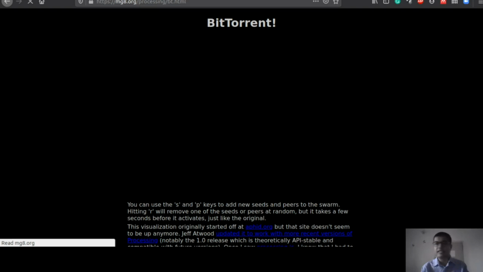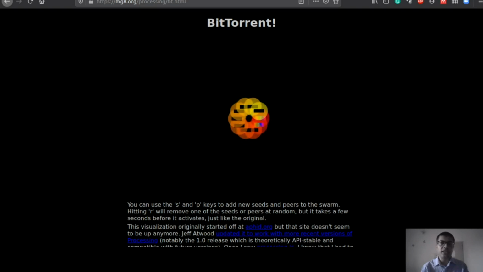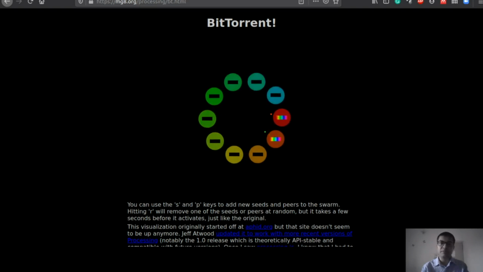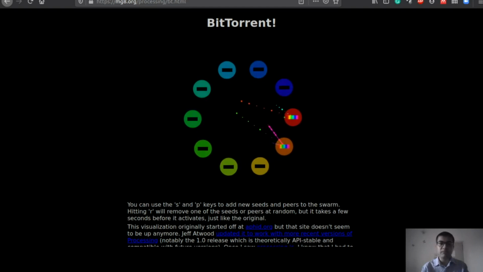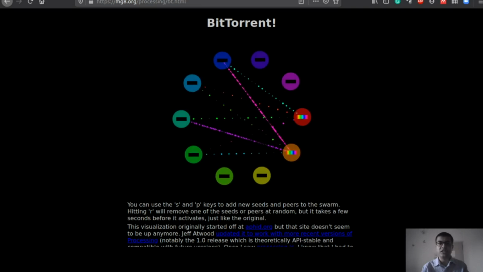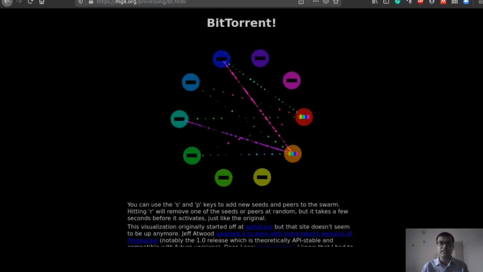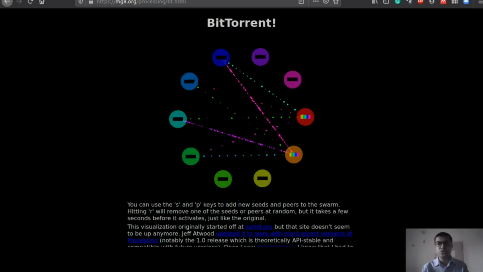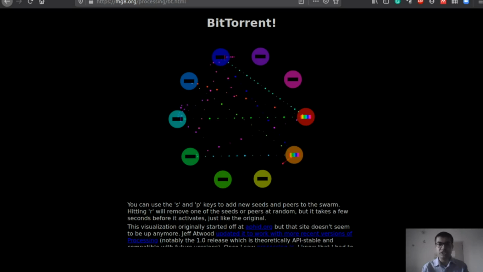This animation is showing a bunch of peers. Some of them are seeders, some of them are just leechers. In this case, the two on the right-hand side are actually the nodes who started it. Whenever you observe this, initially it is starting with smaller bursts because it is doing this optimistic unchoking.